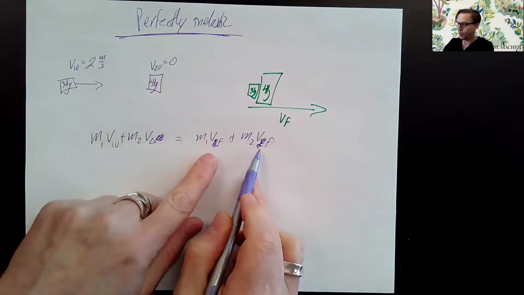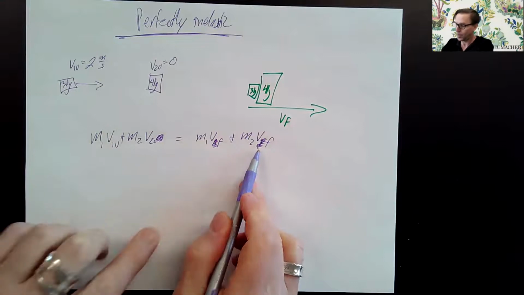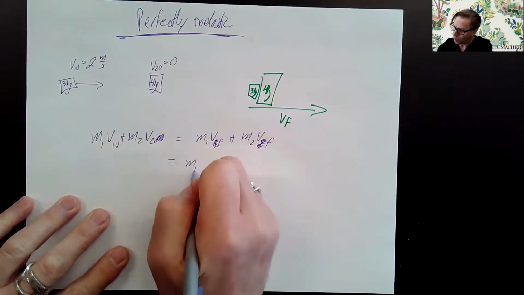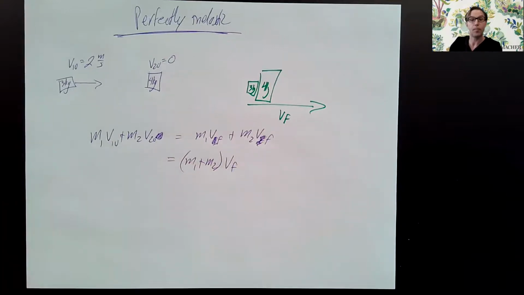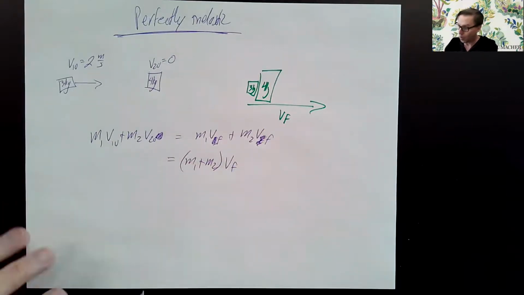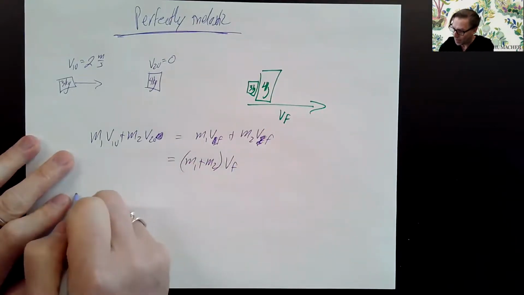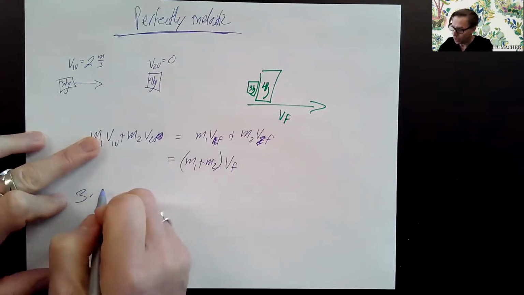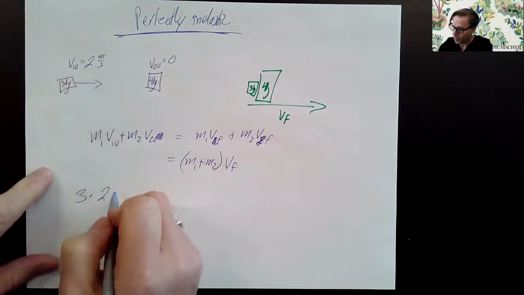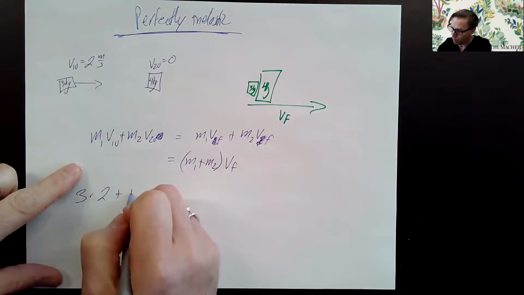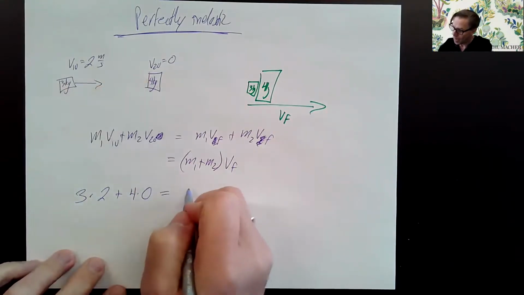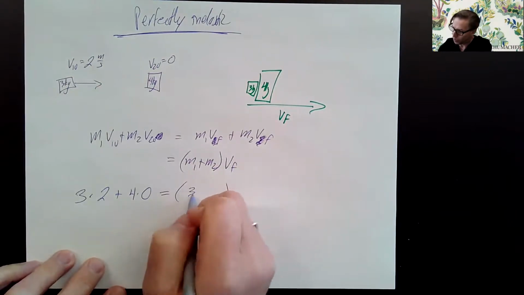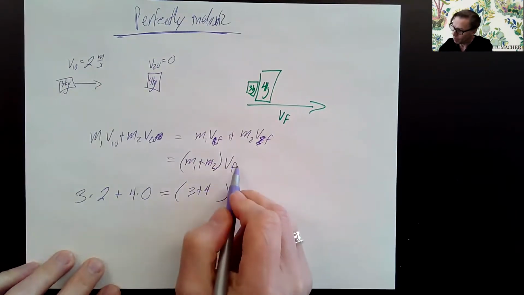It's just V final, which is M1 plus M2 times V final. So what do I have here? I've got M1 is 3, V1 initial is 2, 3 and 2, plus M2, 4 times V2 initial, 0, equals M1 plus M2, 3 plus 4 times V final.